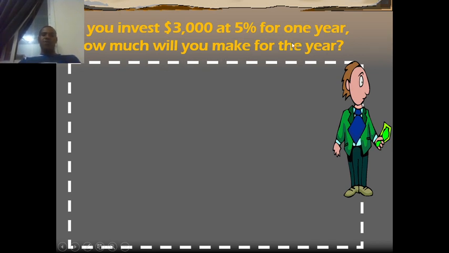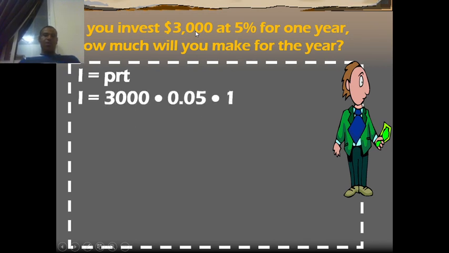Now in an exercise, if you invest $3,000 at 5% for 1 year, how much will you make for this year? So the formula is very easy. I equals PRT. 5% I will write as 0.05, so it will be P $3,000, and the number of years is a single year, 1 year. It will be 3,000 multiplied by 0.05 multiplied by 1 gives 150. This is the interest. You made 150 for this year. We should add it to what?